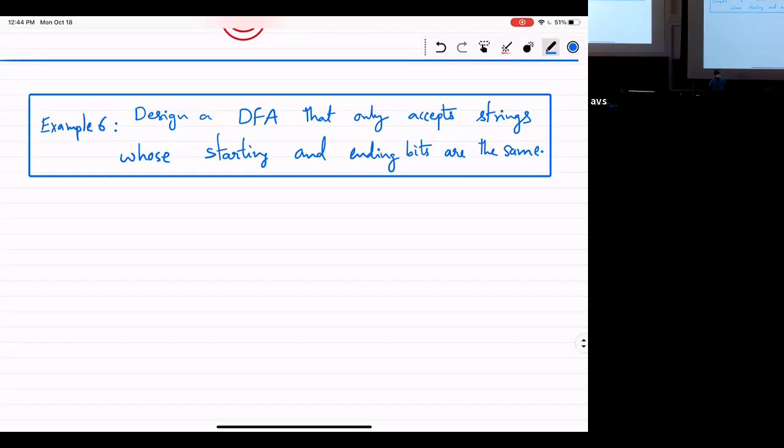You might have a million length bit string, but I want to accept it only if the first and the last bit are the same.